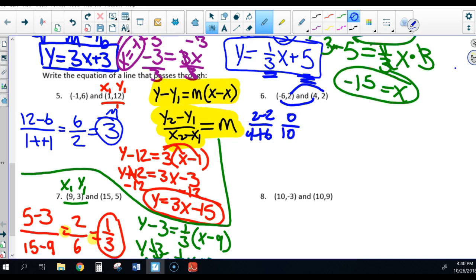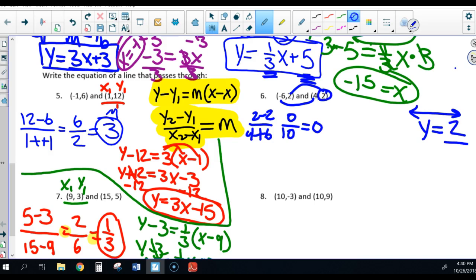That is 0. If you remember in our notes, we took notes over 0 slope. That is a horizontal line, with the equation y equals just a number. That number happens to be the y value from the two ordered pairs, which is 2.